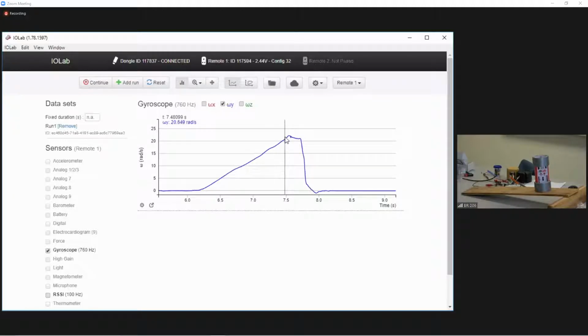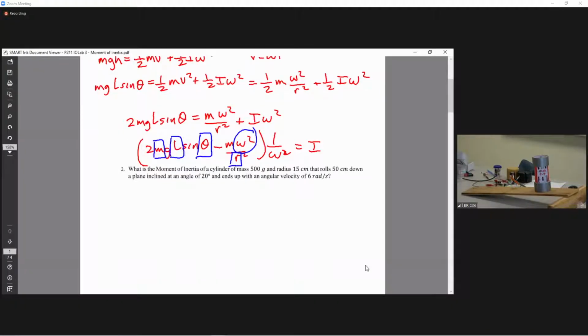So the final angular velocity, when it got to the bottom of my ramp here, looks like it was about 22.12 radians per second. That is omega. That is the final angular speed that has been created by the fact that my contraption lost potential energy and gained kinetic energy. So that is the crucial piece of data that you are going to measure with the iOLab.